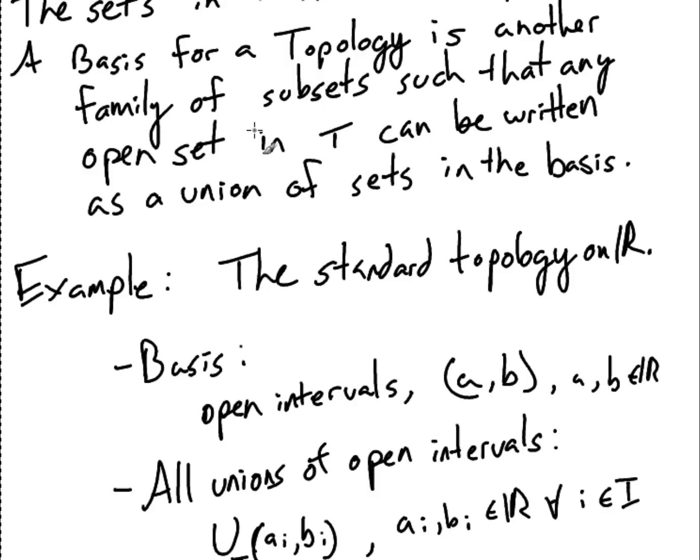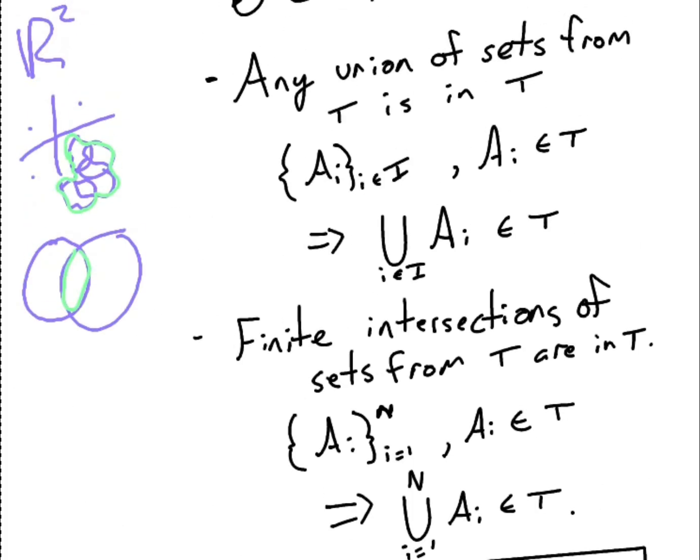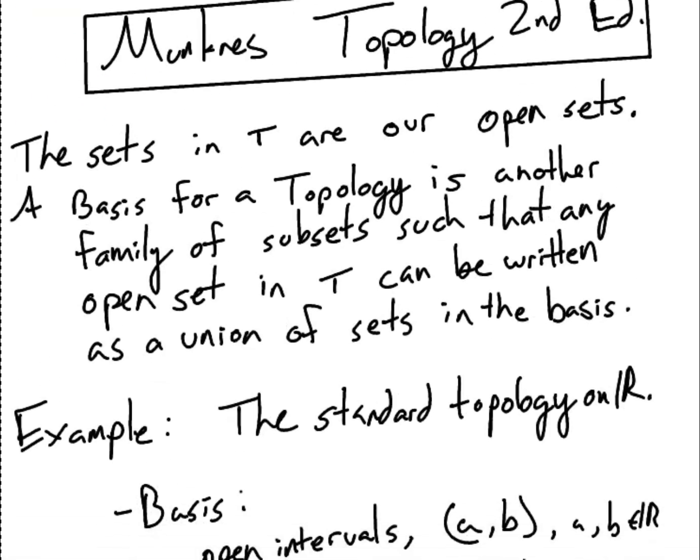First, a basis for a topology is another family of these subsets where, instead of satisfying these three rules, what we're trying to do is construct all of the sets that satisfy these rules. We're trying to construct the entire topology using a simpler collection of sets.